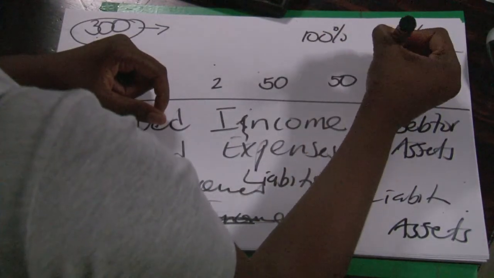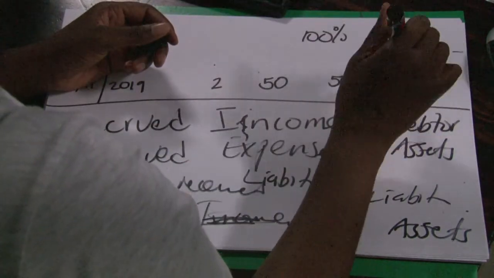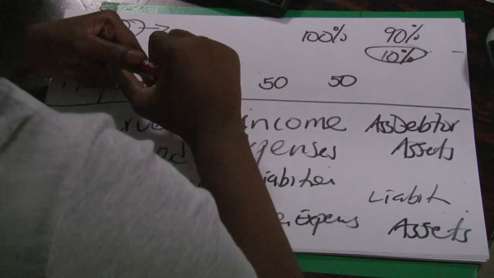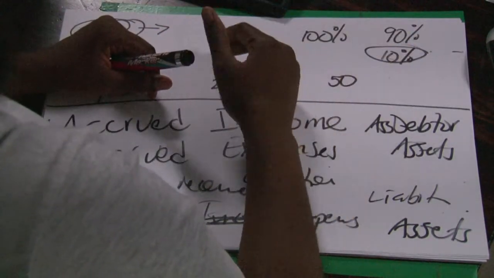Meaning, this 10% should be written off as a provision. So provision is an estimate of debts that are likely to be turned into bad debts in the future. So in business, you have to be realistic. You will never get 100% payment from your customers. So you must also make provision. What if they don't pay in full? So the 10%, this is what we call the provision for bad debts. Okay.